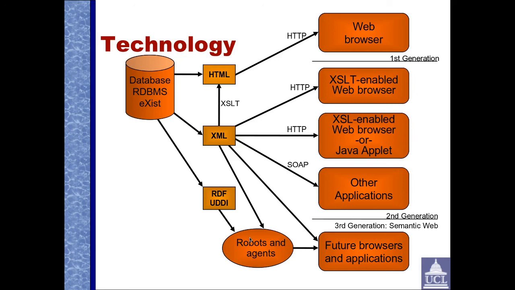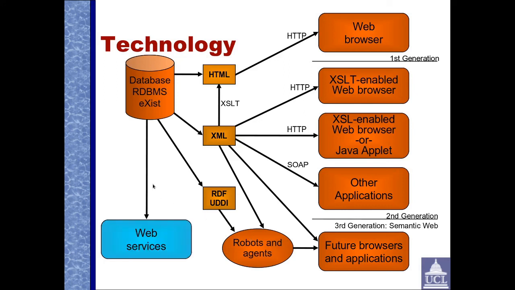Now, while all this seems a great idea, it really never took off. And instead what has happened is the development of web services. And again, we will talk about that in more detail when we talk about SOAP in a later lecture. So all of these things over on the right really have never taken off in a big way.